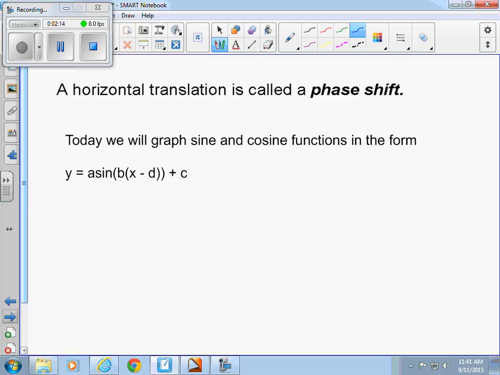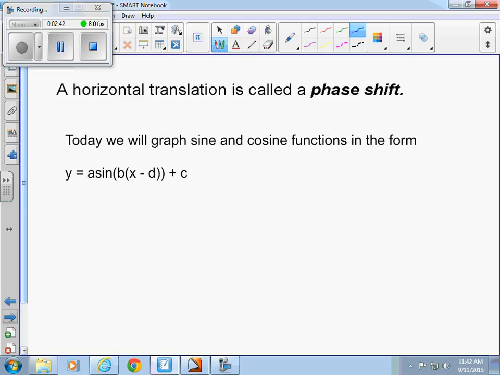Is that what y'all did in Algebra 2? Already factored out? Never factored out? Not the sign part, but the middle part where you had a b in front. So anyway, we're going to graph things in that form today.